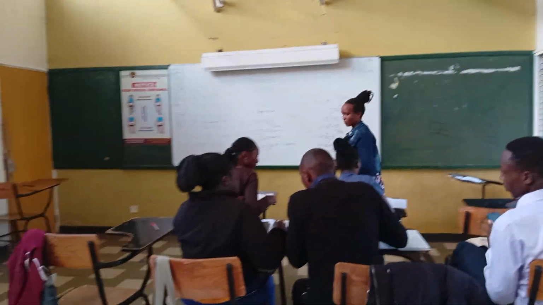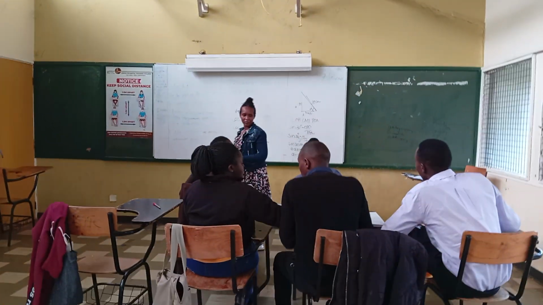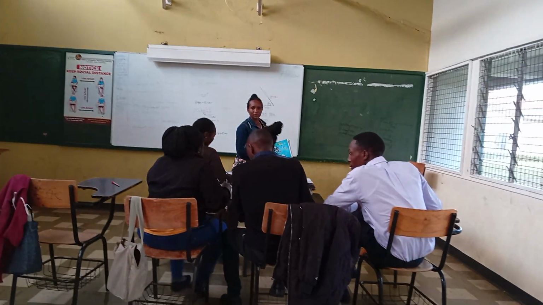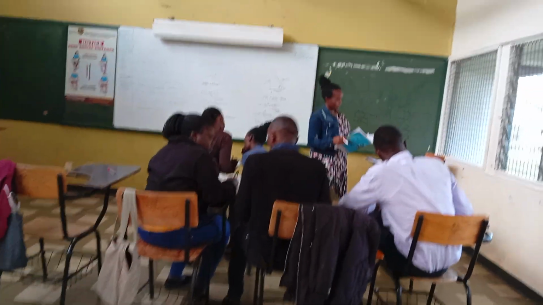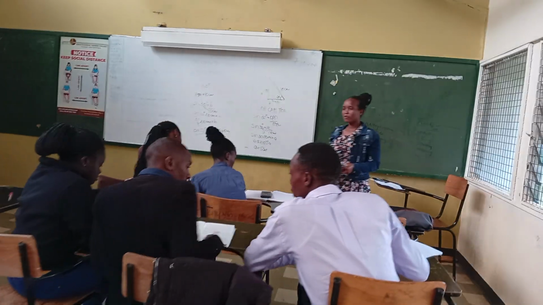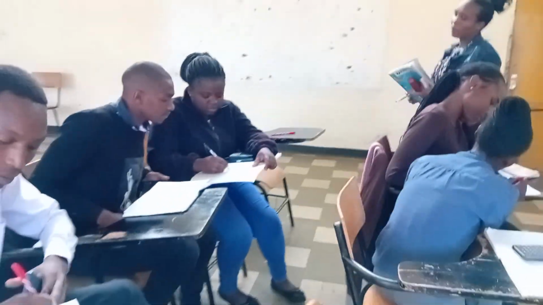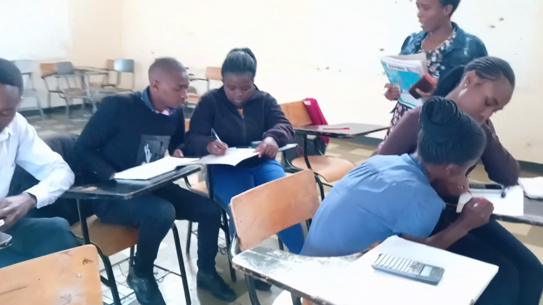Can you pair up with your pen? We have the opposite side 6 centimeter and adjacent side 8. Find the hypotenuse and give us the angle.